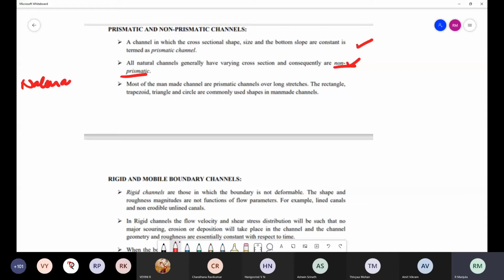Why am I saying that? Natural channels are not uniform in cross section and not uniform in their length, slope and shape, and hence all the natural channels are non-prismatic.